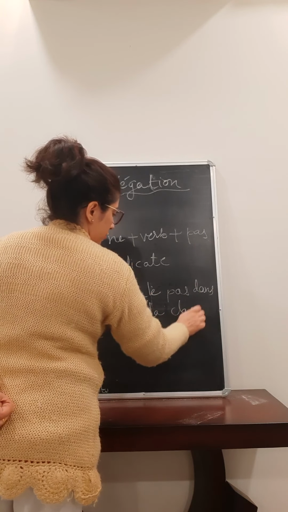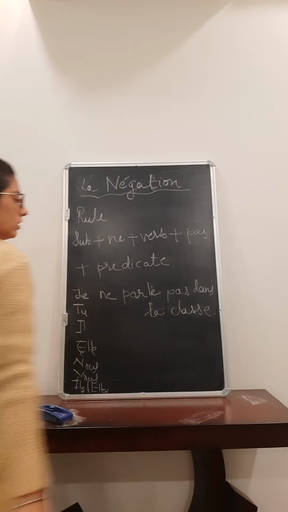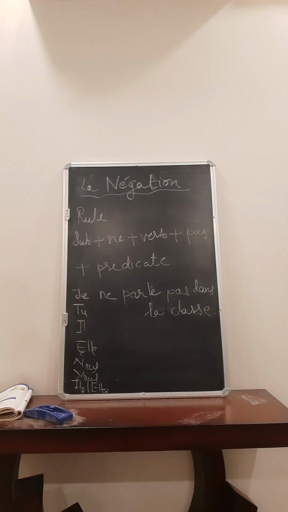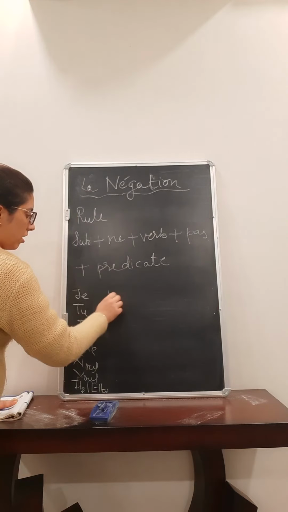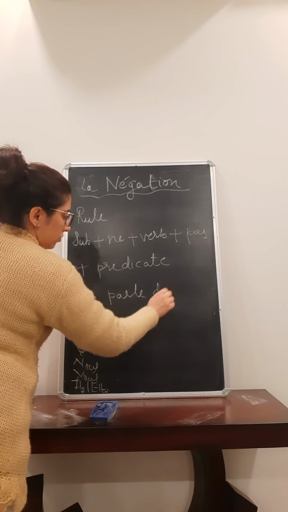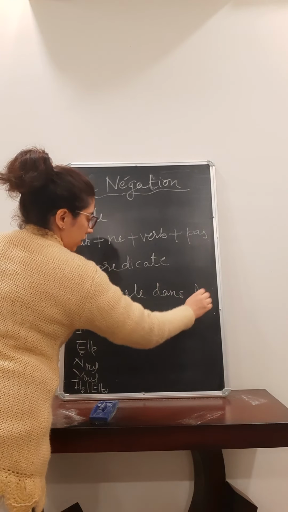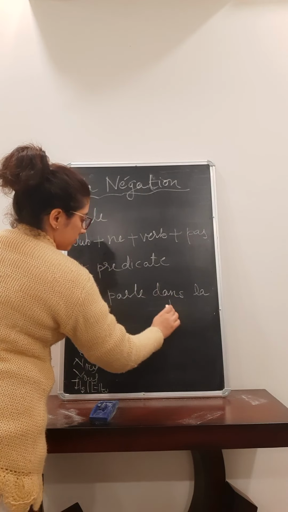Je ne parle pas dans la classe. I do not speak in the class. So it's a negative sentence. If I take it positive, then je parle dans la classe. I speak in the class.